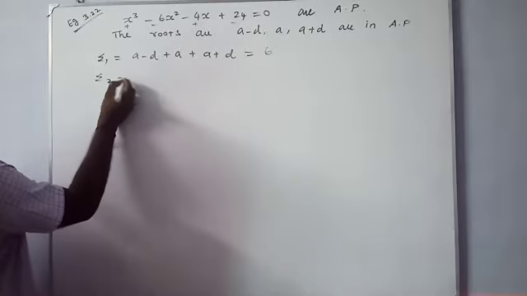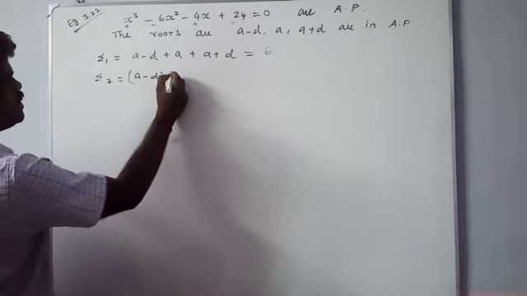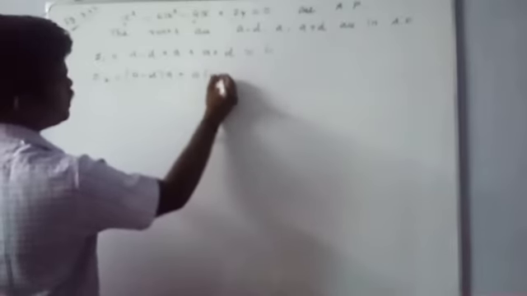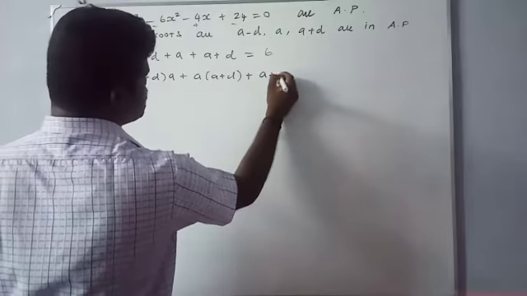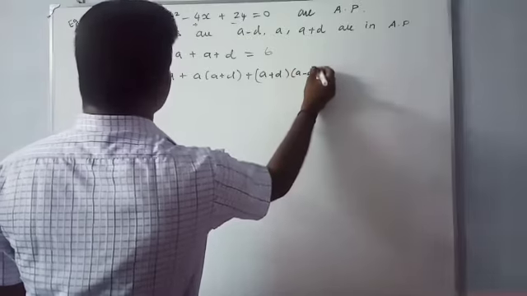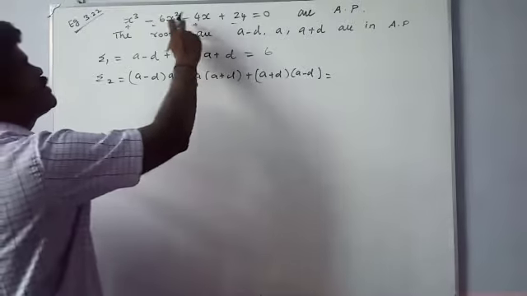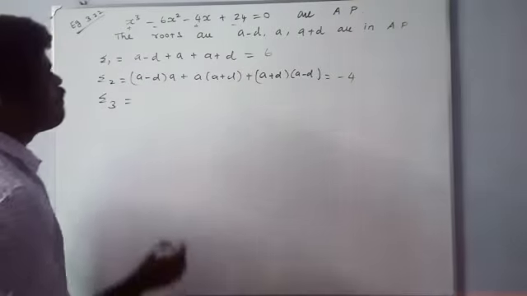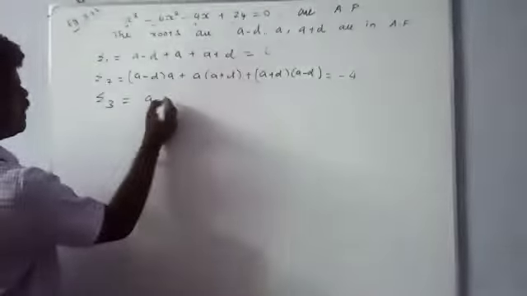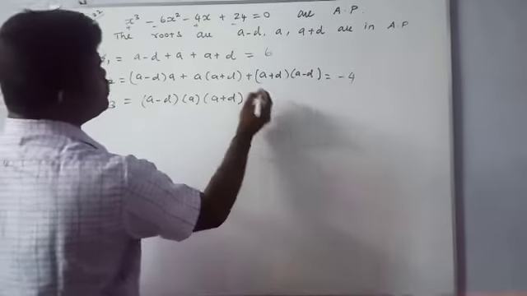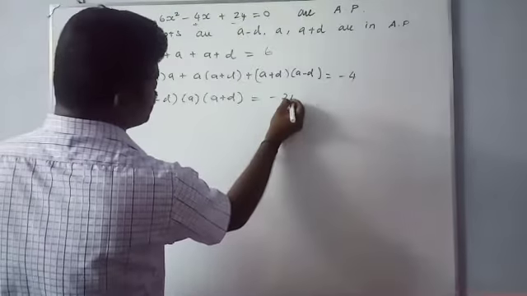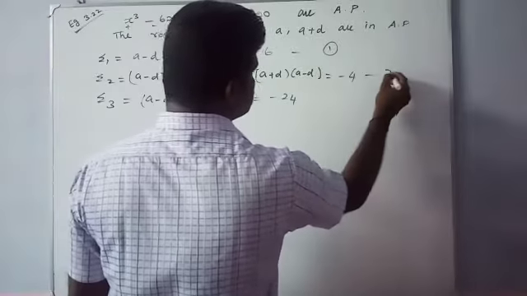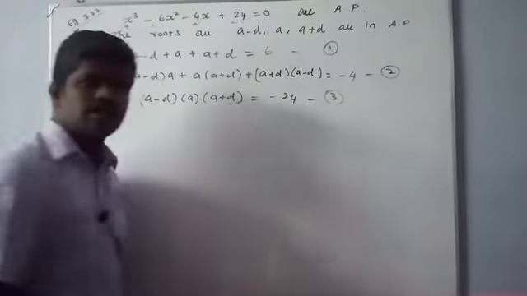Summation 2 is equal to a minus d into a, plus a into a plus d, plus a plus d into a minus d, which is equal to minus 4. Summation 3 is the product of the three roots, a minus d into a into a plus d, which is equal to minus 24 by 1, so minus 24. This is equation number 1, this is equation number 2, and this is equation number 3.